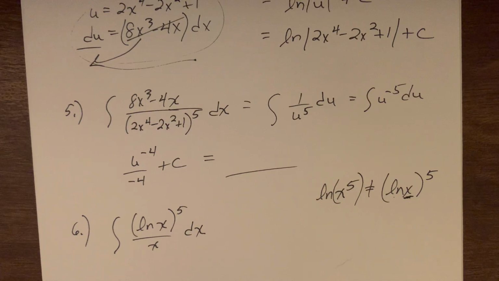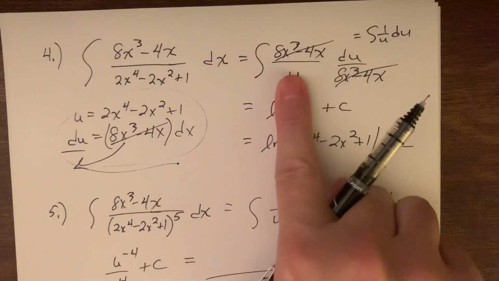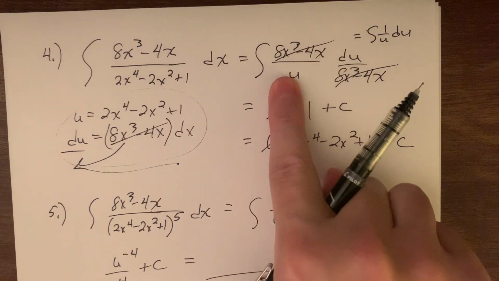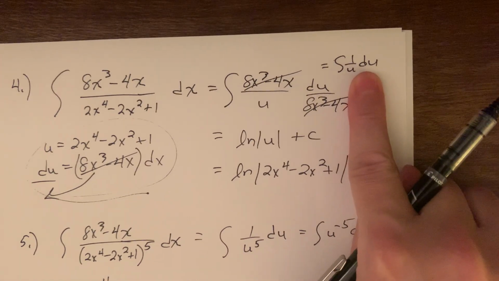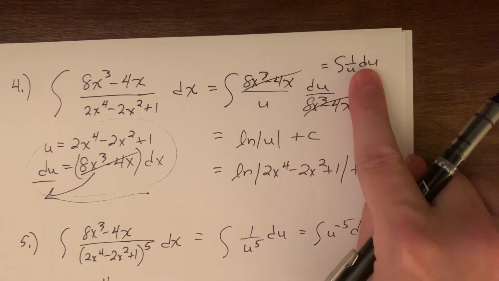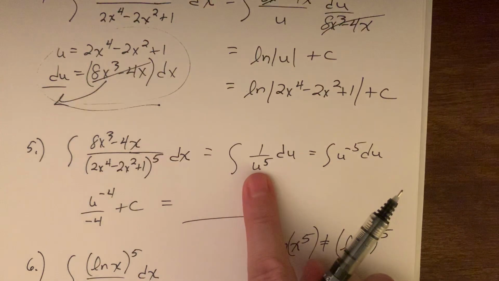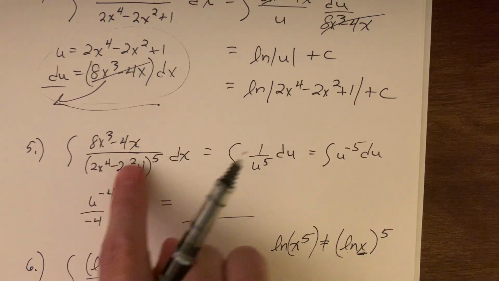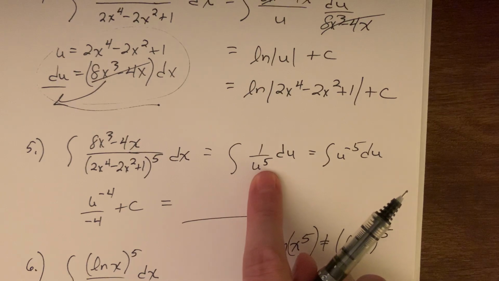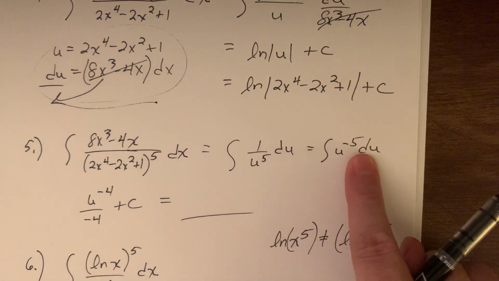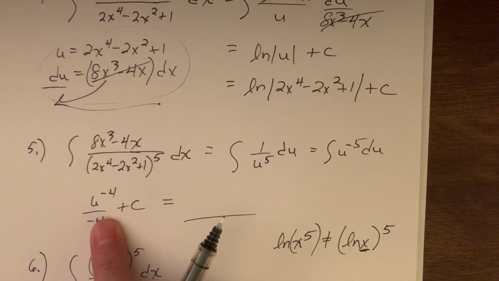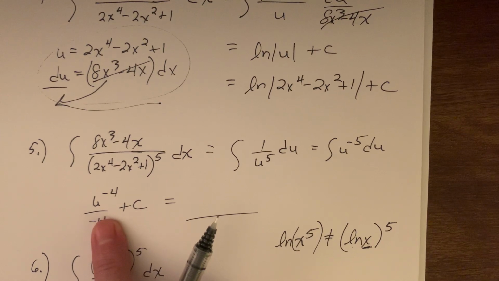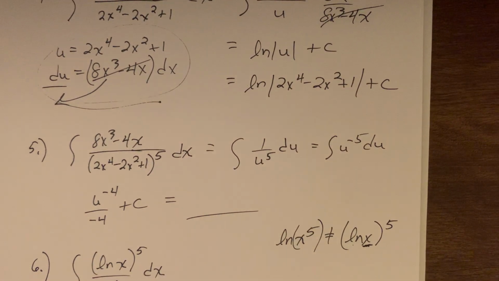The point of a u sub is not just to change the variable, but to change the variable and get to something simpler. Whether it's something like this, which takes me to a log, or something like this, which now again, no crazy division, no crazy inner outer, just a simple variable to a power, which I could raise up and then use power rule.